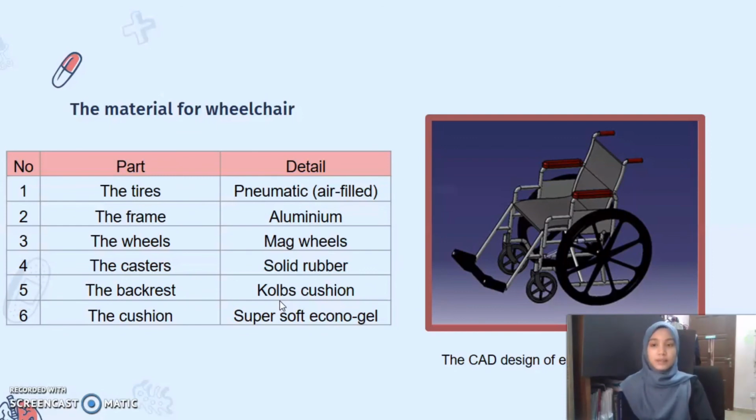As an example, for the tires we use pneumatic or air-filled tires, and for the framework itself we use aluminium. And based on our project, we focus more on the backrest. So for the backrest, we use a cork cushion, the best ergonomic cushion for a wheelchair.